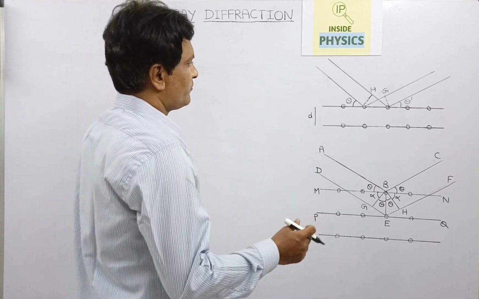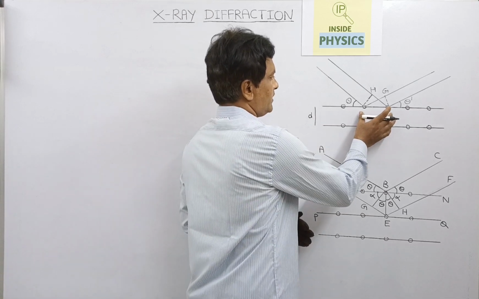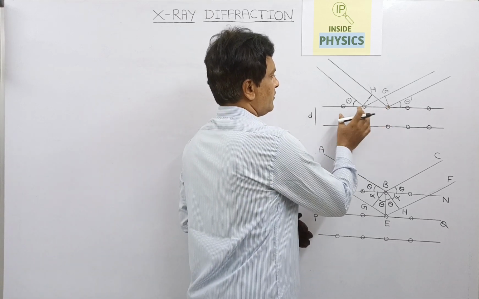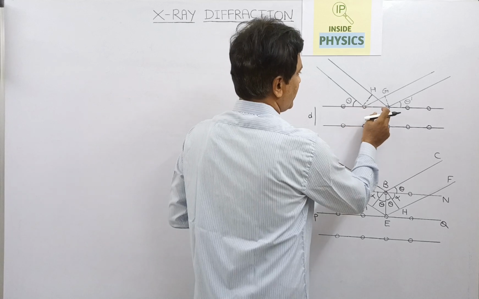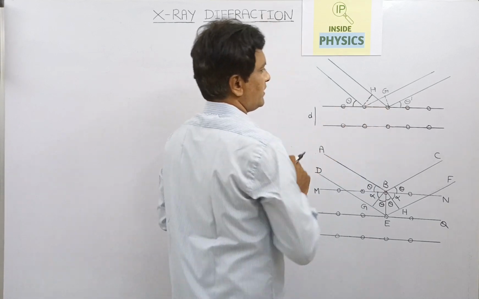Here we have given two diagrams where there are two atoms arranged one beside the other.